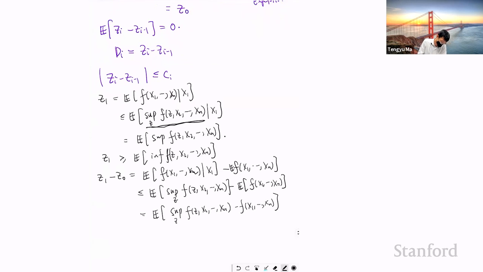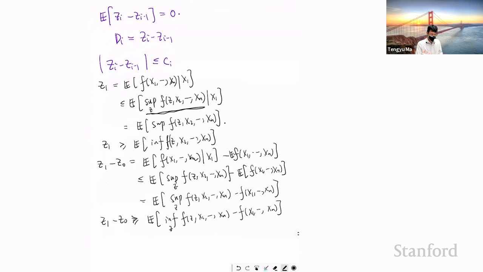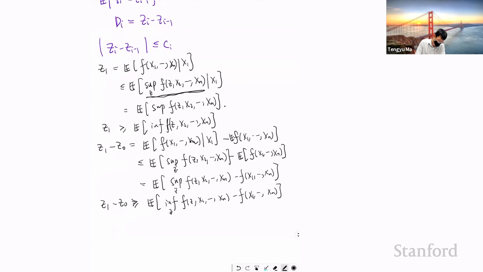Maybe let me give the formal proof. On the other hand, you can also prove the same thing the other way, that this is larger than the expectation of the inf. Basically I'm saying that the difference between z1 and z0 is upper and lower bounded by the extremal case, where you pick your x1 in the worst case.